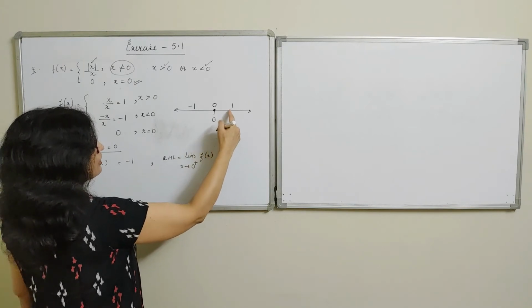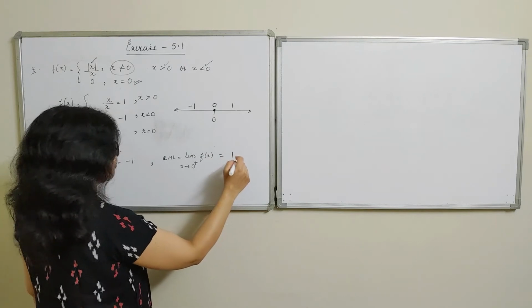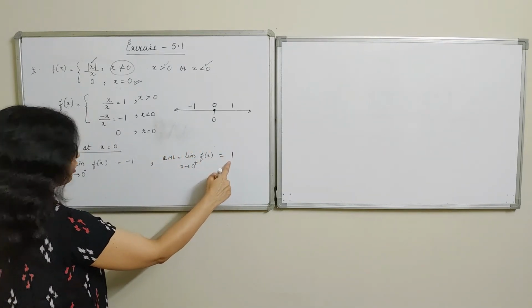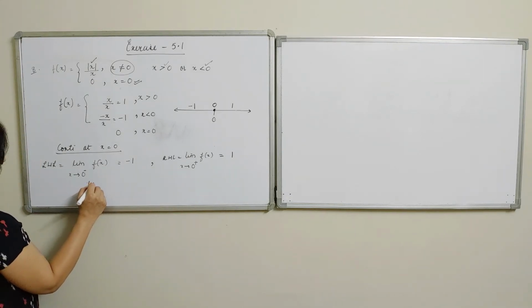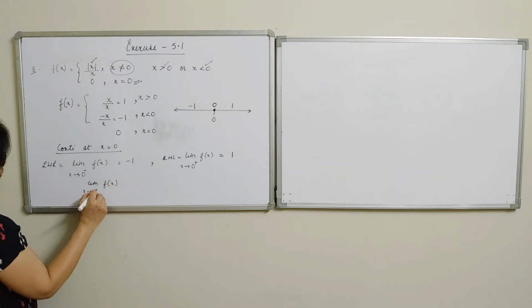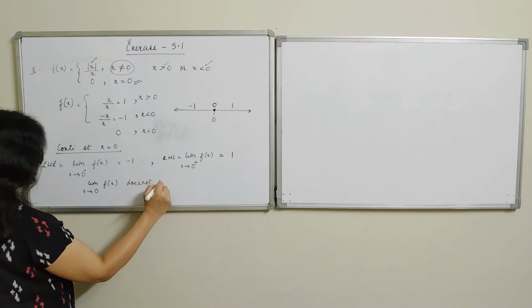At this point, the function is again a constant, hence the right hand limit can be taken as 1. Here you can see LHL and RHL are not equal, so the limit of the function does not exist. The limit of the function when x tends to 0 does not exist.